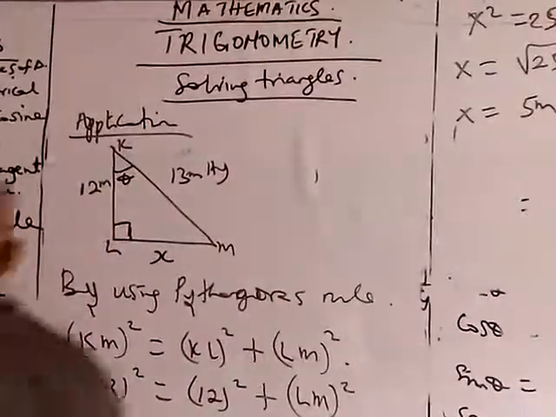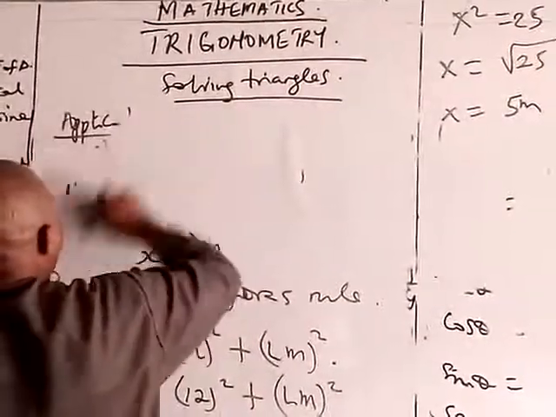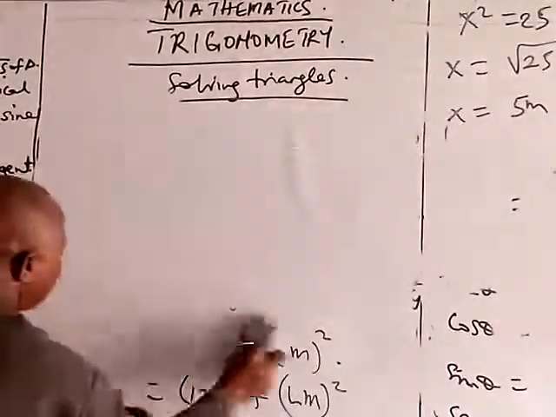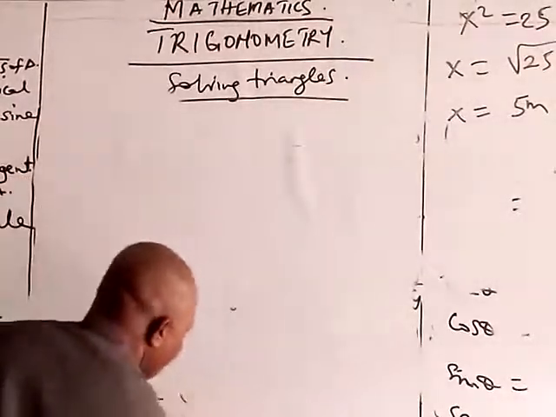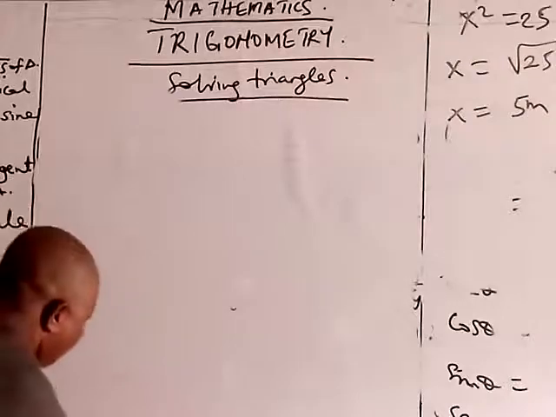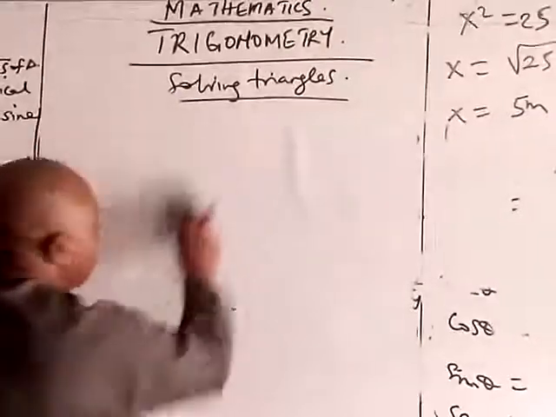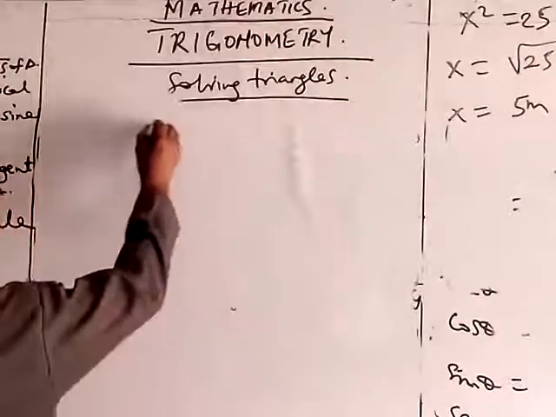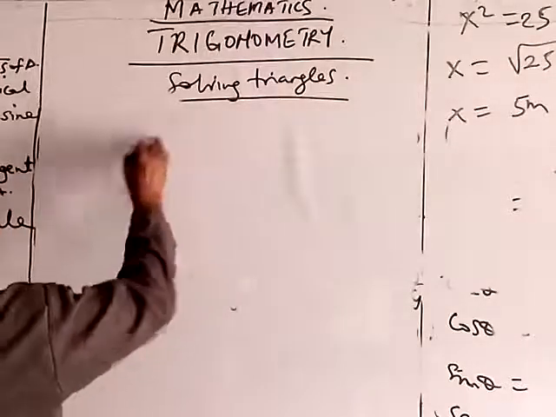The sine rule says that a over sine A is equal to b over sine B equals c over sine C.